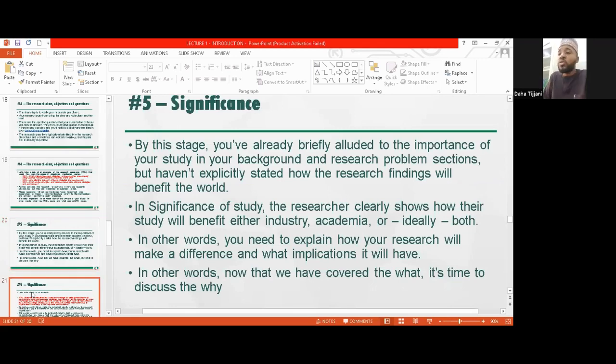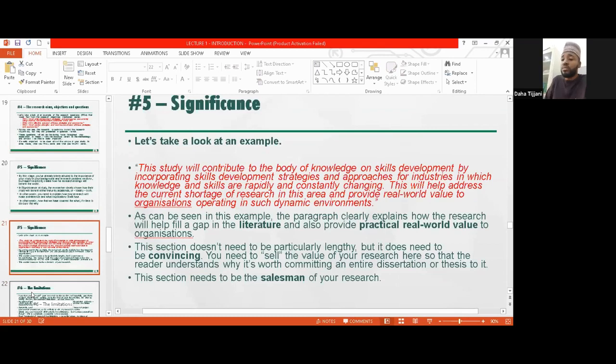If you look at the example, using the same skills topic that we are working on, we will say, for example, that the study contributes to the body of knowledge on skill development by incorporating skill development strategies and approaches to industries in which knowledge and skills are rapidly and constantly changing. This will help address the current shortage in research in the area and provides real world value to organizations operating in such dynamic environments.